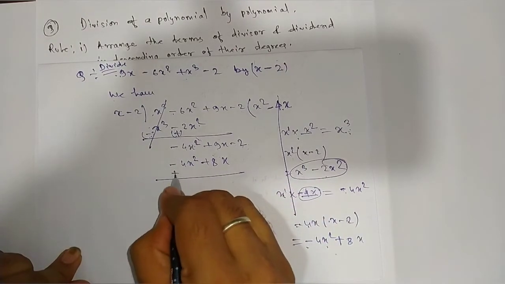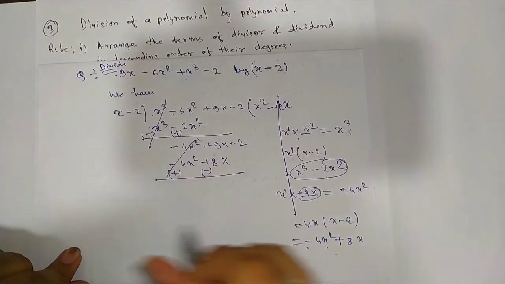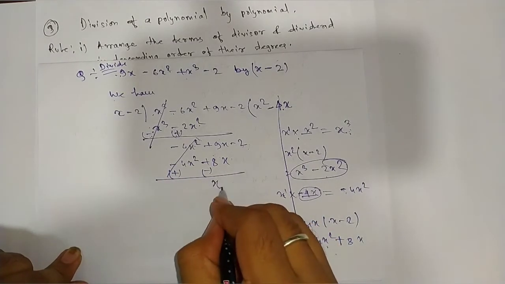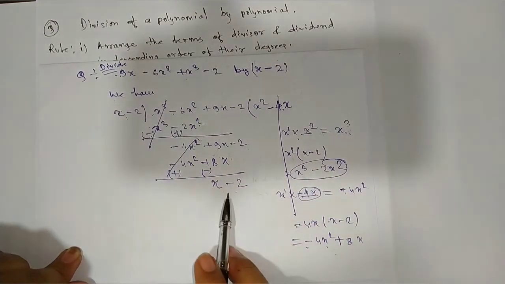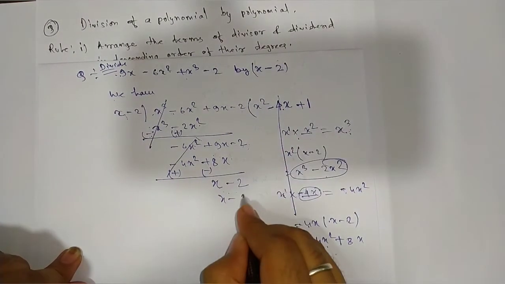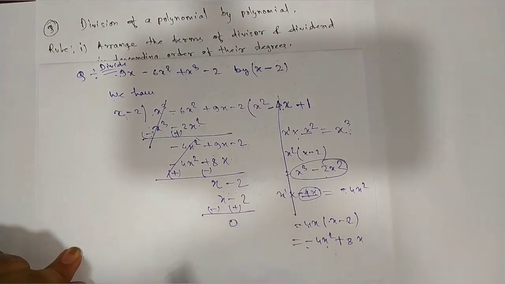So symbol change, minus will give you plus, plus will give you minus, this will cancel each other, and plus 9x minus 8x will give you x, and there's a minus 2. Look at, now both are same, x minus 2, x minus 2 same, so here we'll take 1, so x minus 2, symbol change it here, and no need to cancel, just put here 0.